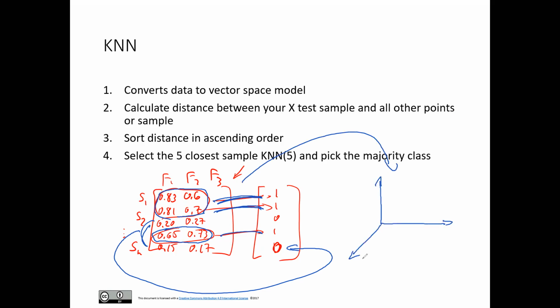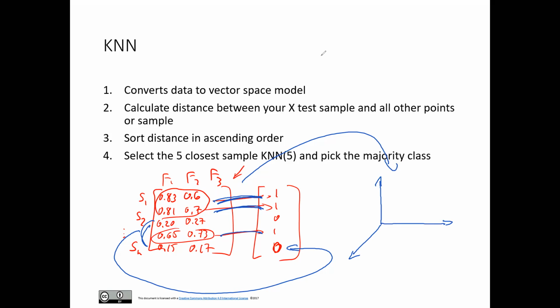So I have my vector space there, and now you're going to plot the values. All right, so let's try to plot the values now. Switch back to red.